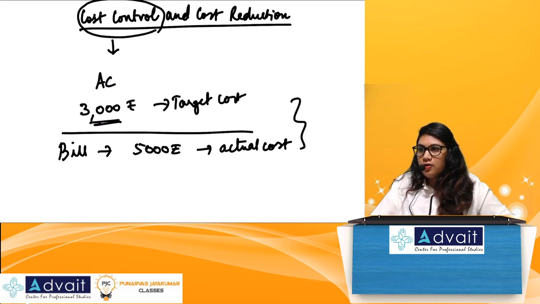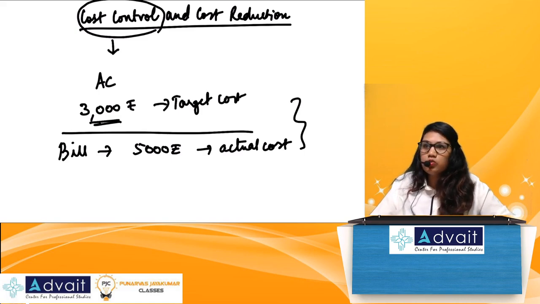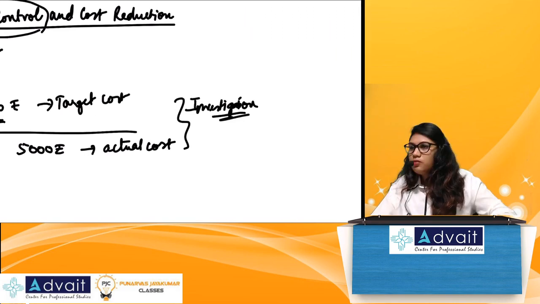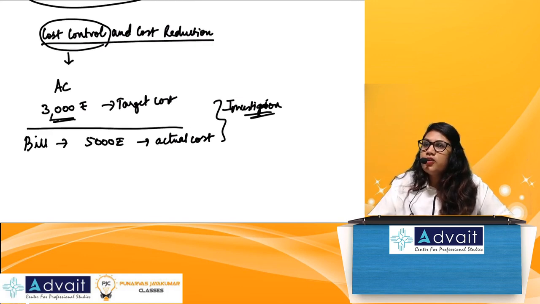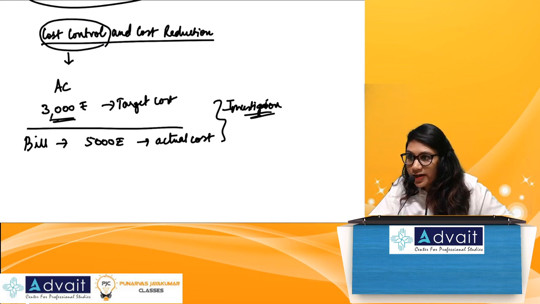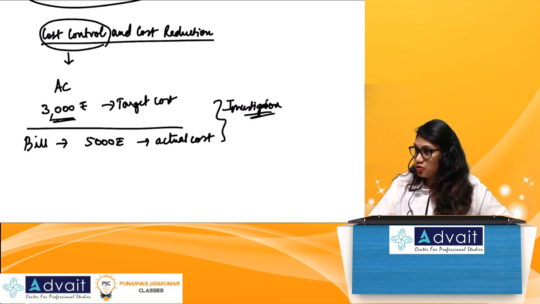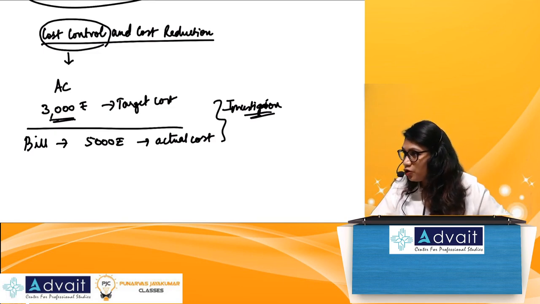So he wants to investigate now. Okay, why has it increased by 2,000? So he does an investigation as to why the cost increased by 2,000. And then after his investigation, he finds out that there were some days when you were sneaking out of the house, through the window, pretending that you are asleep so that nobody else finds out.